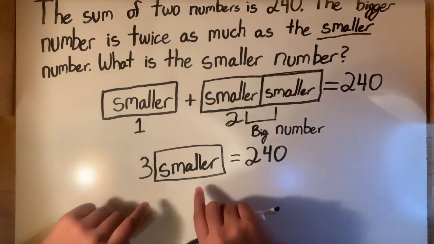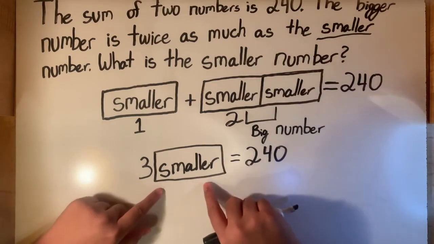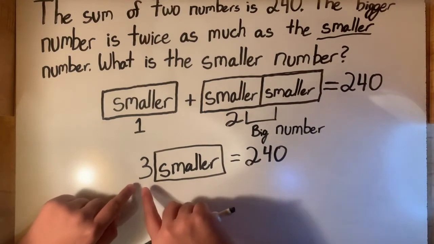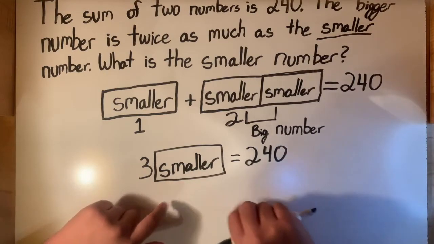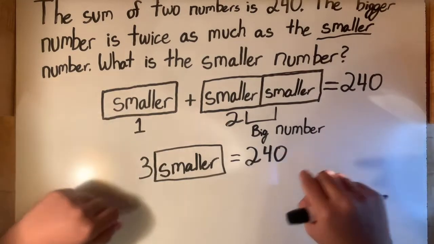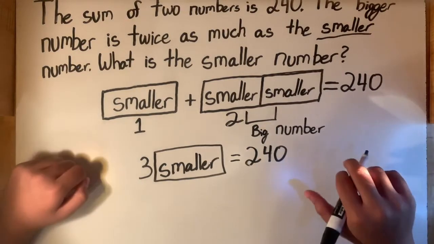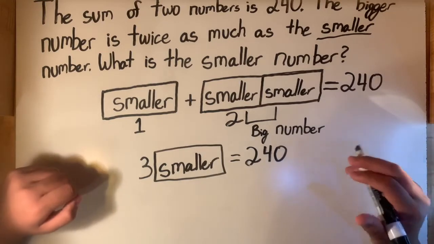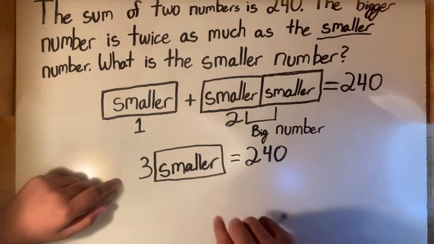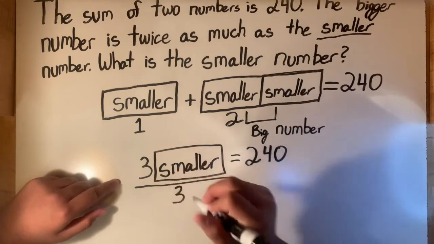Right now, the 3 is being multiplied by the smaller number. And if you know your math, you know that the opposite of multiplication is division, so we can divide by 3 to get rid of this 3.